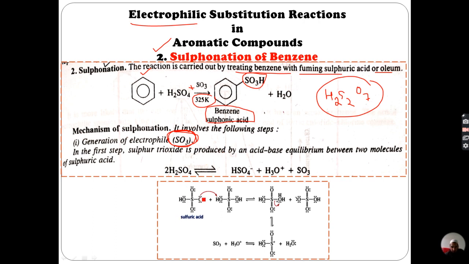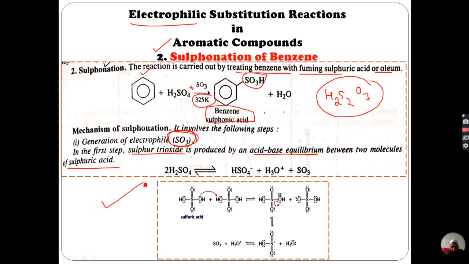Okay, now see how it is generated here. Sulfur trioxide is the electrophile. It is generated by the acid base equilibrium between two sulfuric acid molecules. In between them they generate this electrophile.